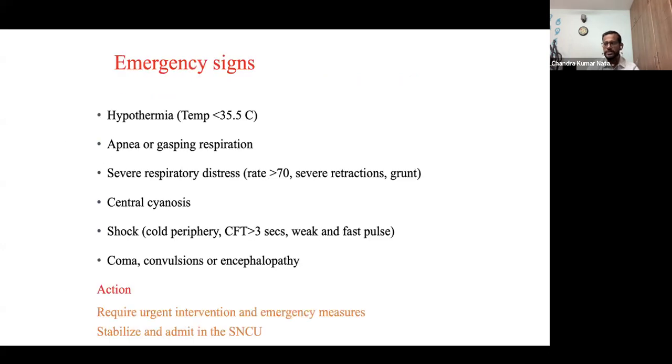So what are those emergency signs? When these conditions are present, you triage the baby into the emergency group, which requires immediate treatment.